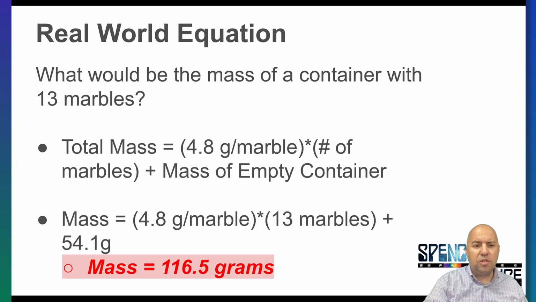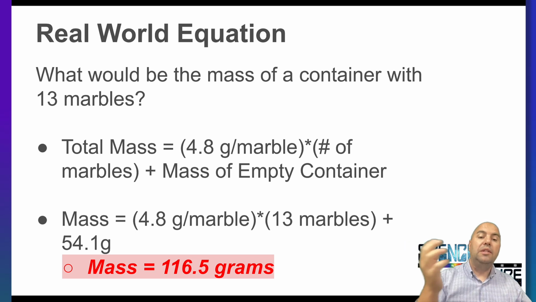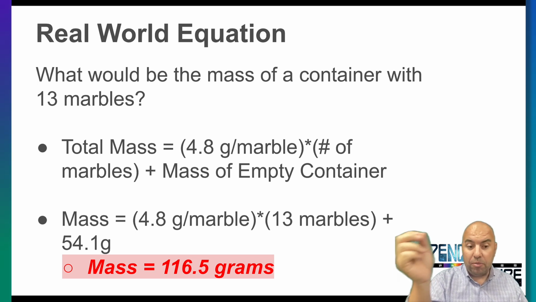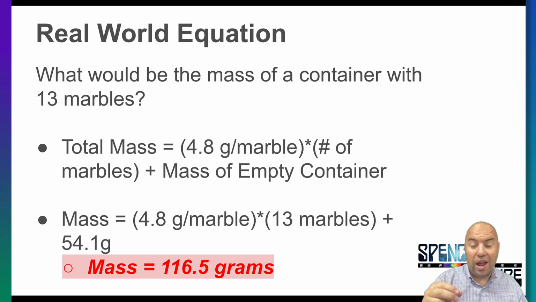The real-world equation is total mass equals 4.8 grams per marble times the number of marbles plus the mass of the empty container. I'm going to substitute in 13 for the number of marbles. So the mass is 4.8 grams per marble times 13 marbles plus 54.1 grams, and I end up with an answer of 116.5 grams.